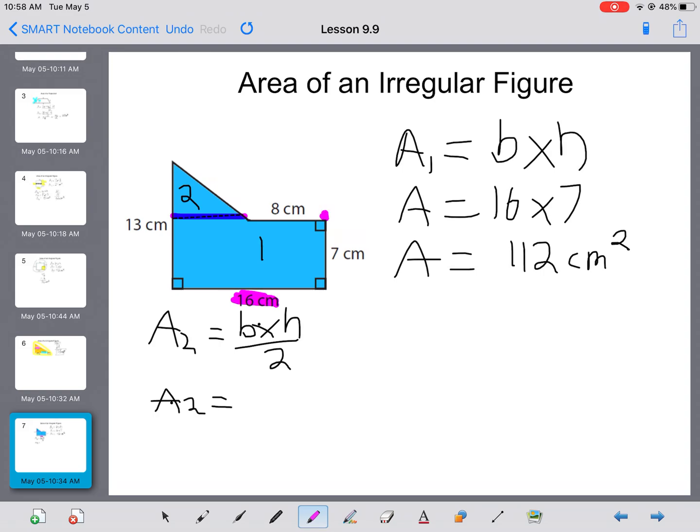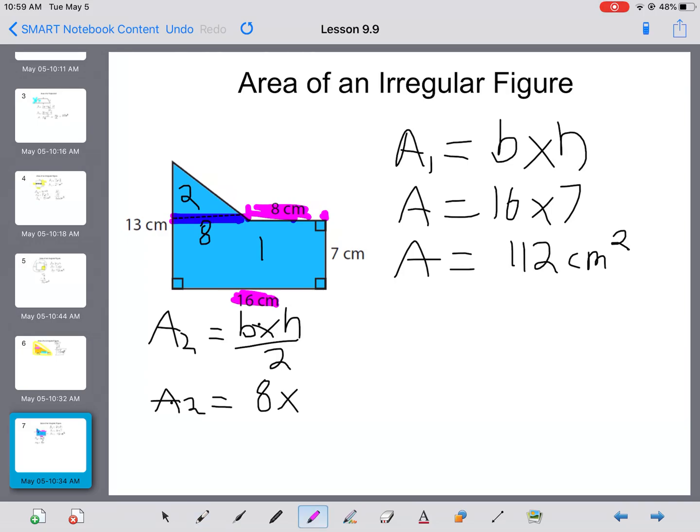And then I know from over here in this corner to over here, I've used up, so to speak, 8 centimeters. So that means this remaining part must also be 8 centimeters, because what I did was I did 16 take away 8 is 8. So now I know my base. So my base is over here, 8.